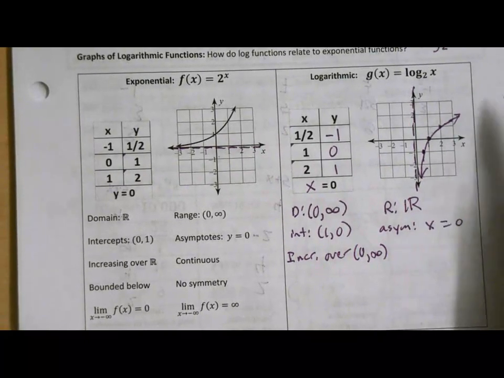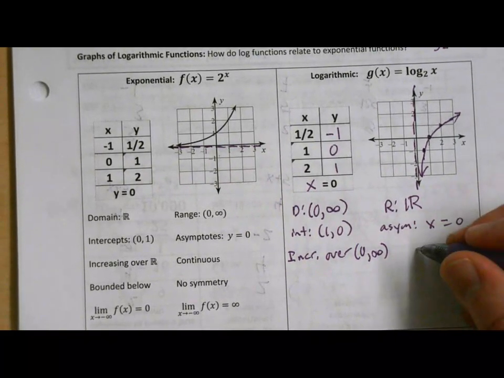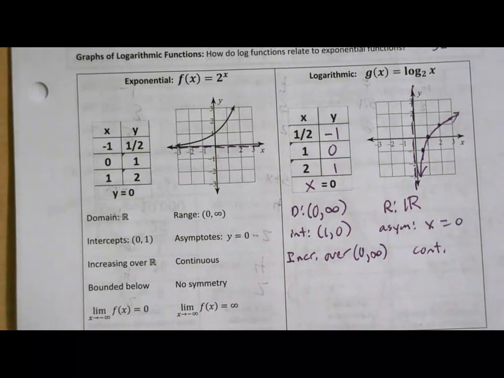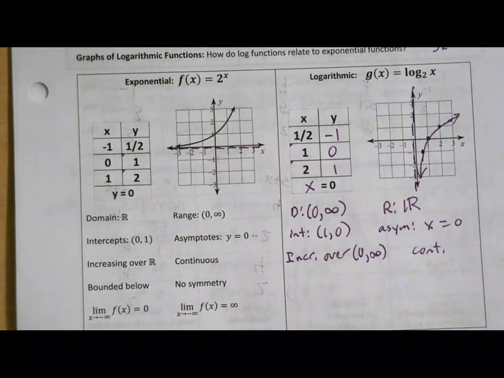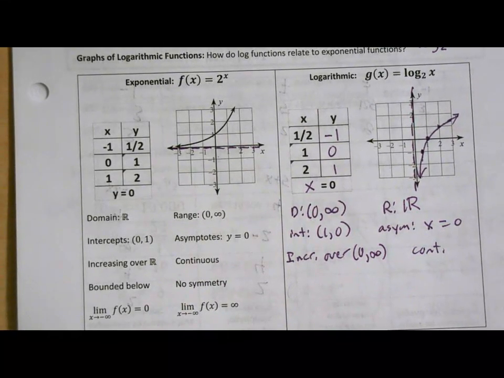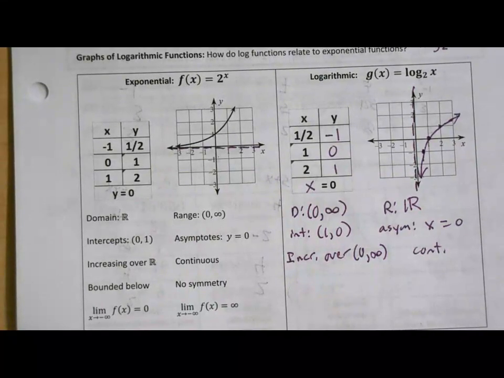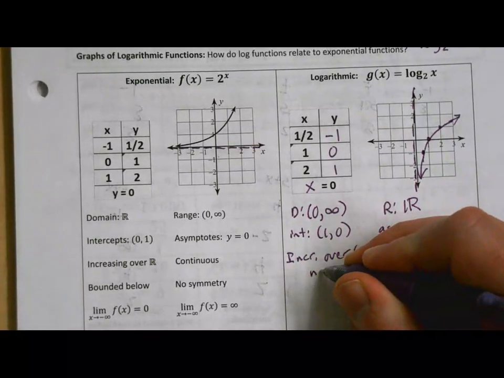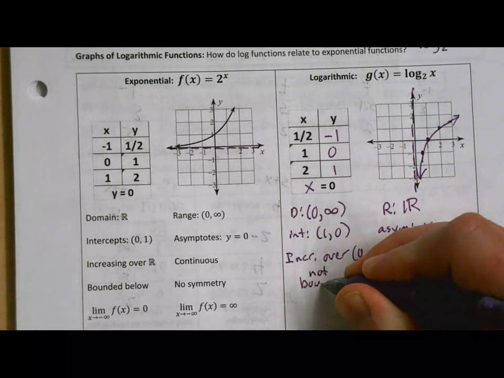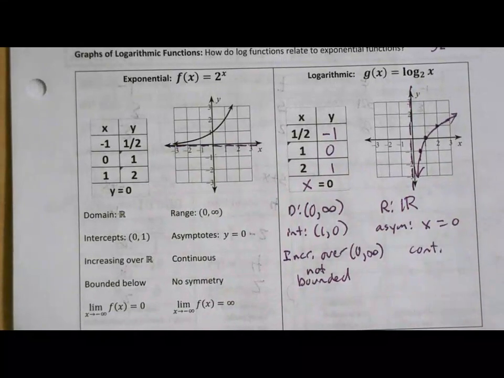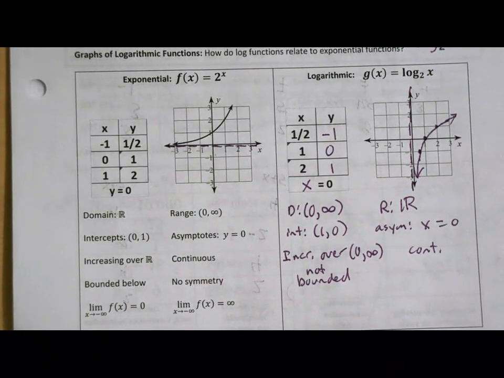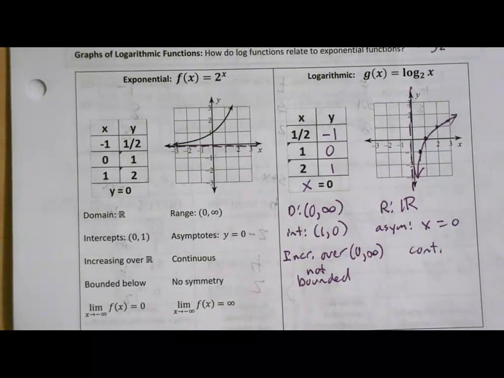There's no jumps or breaks in our graph, so it's continuous. Bounded above, bounded below. Negative, not bounded. I'm not seeing any symmetry.